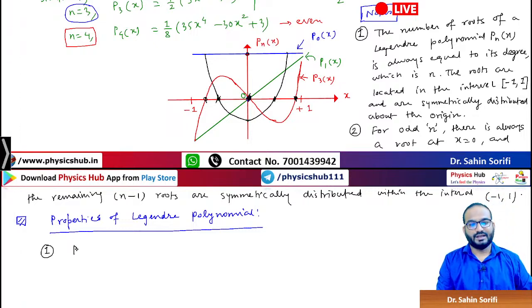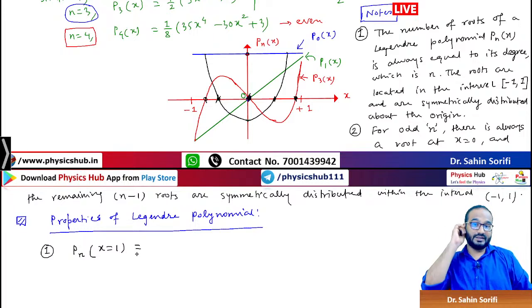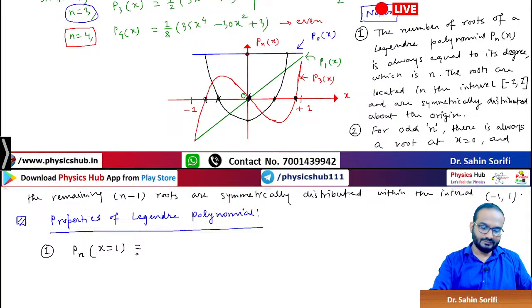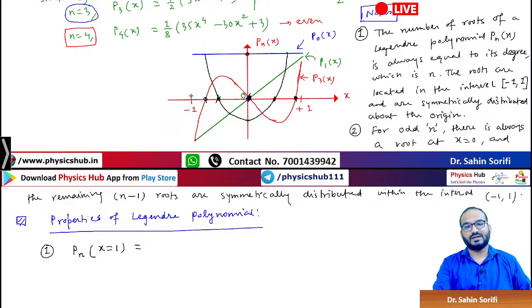If you consider any Legendre polynomial and calculate it at x equals to 1, what value will you get at x equals to 1? Can anyone tell me? X equals to 1 means the end points, so what value are you expecting?